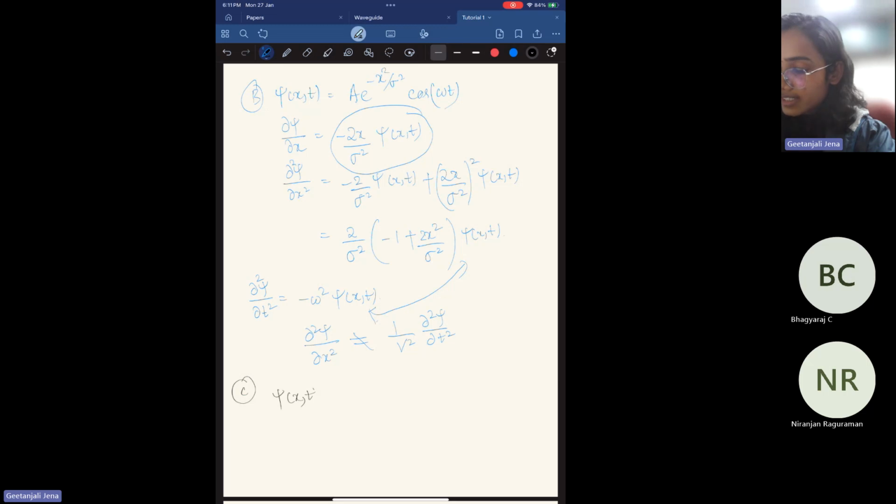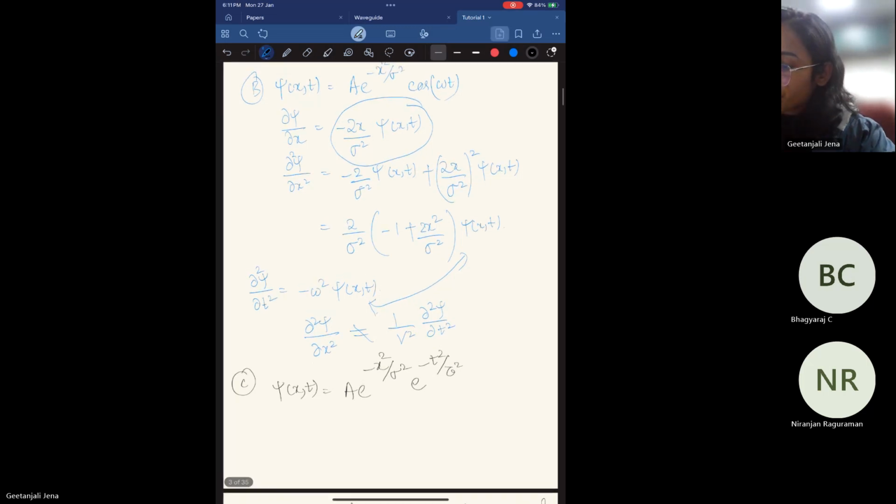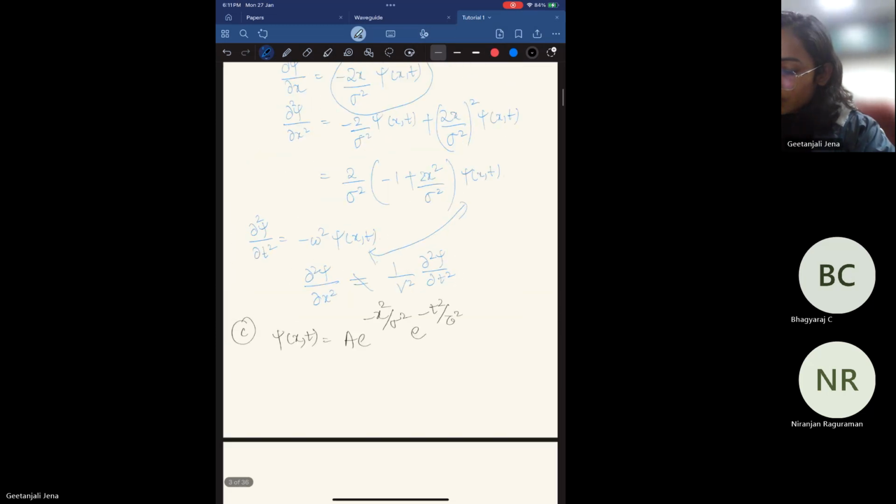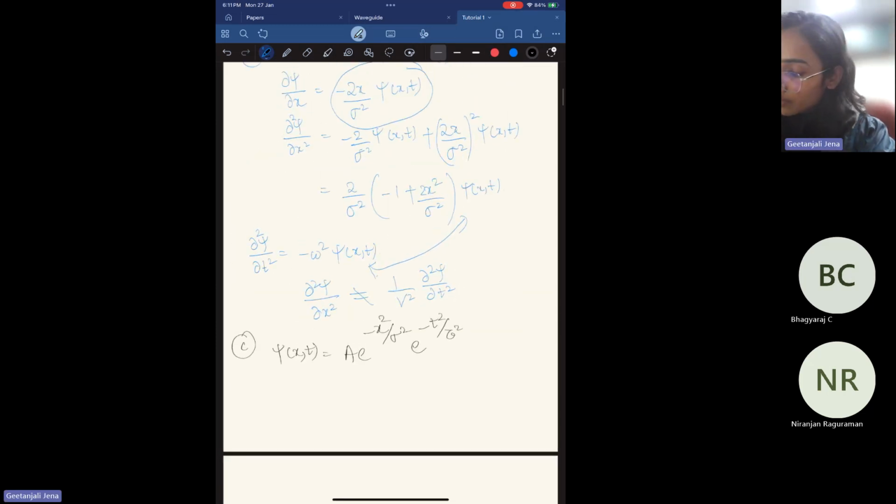So we have psi of x,t equal to e to the power minus x square by sigma square and e to the power minus t square by tau square. If you calculate dou square by dou x square, this will be equal to what we have done before because the terms are equal.